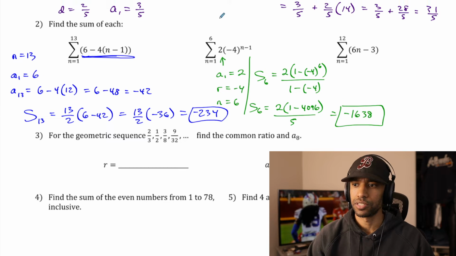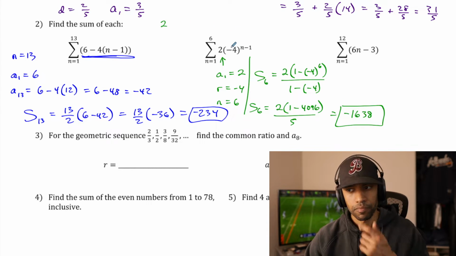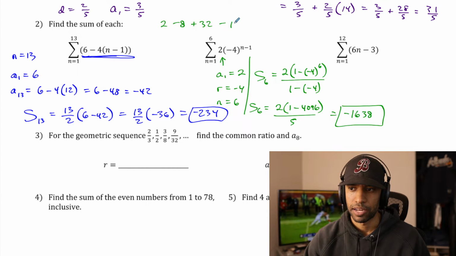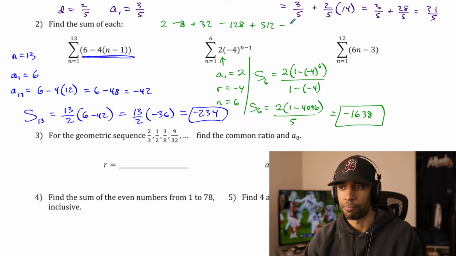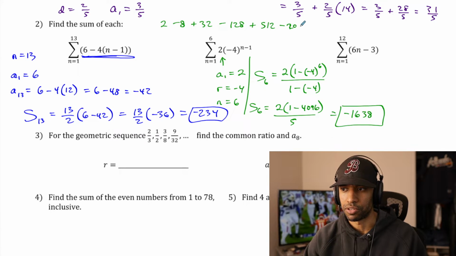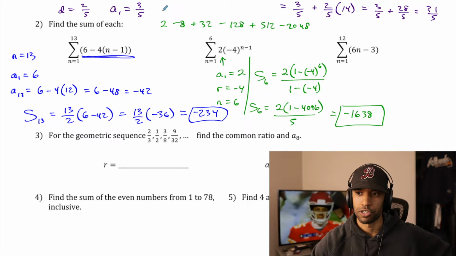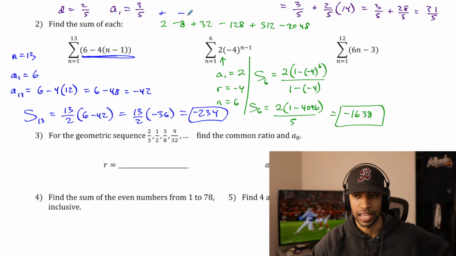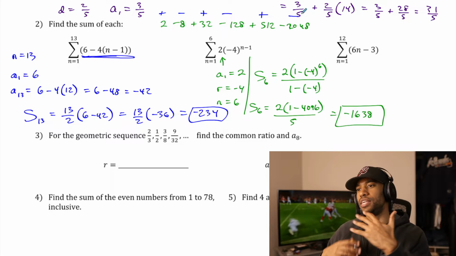This sequence, let's play with this sequence. This would have been 2 times negative 4 is negative 8. So 2 minus 8 plus 32 minus 128 plus, I think that's 512. 512 minus 2,048. So what's happening here is our result here is positive, and then you subtract it. The result's negative, right? 2 minus 8 is negative 6. It's negative, and then it goes back positive, and then it goes back negative, and it goes back positive, and goes back negative.